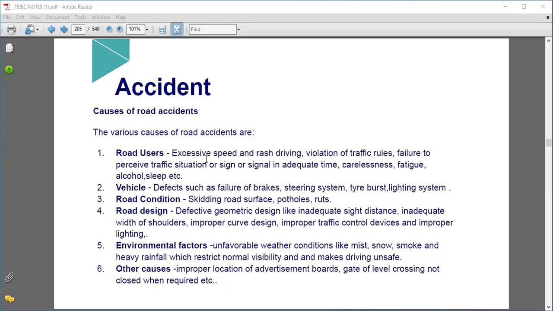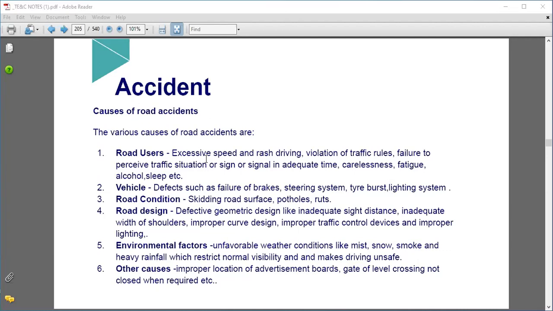If there are defects in the geometric design of the road, in the sight distance, in the width of the shoulders, improper curve design, improperly placed traffic controlling devices, or improper lighting provided on the road, that can become a cause of road accidents.